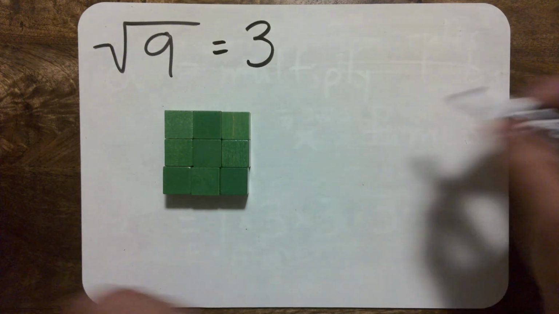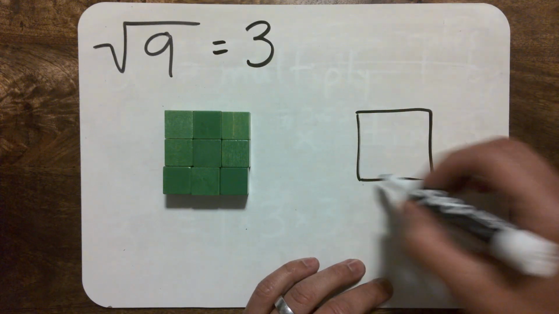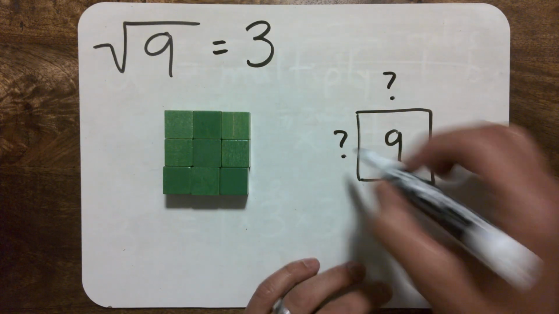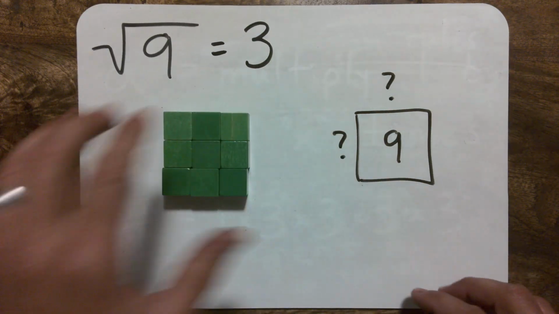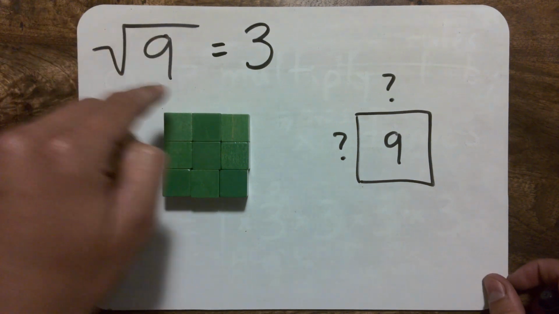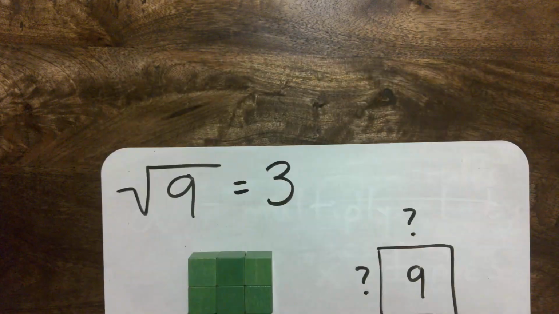And then the representational model, we might not necessarily use a whole lot, but essentially what we're trying to figure out is what the side lengths are. And then the abstract model at this stage is we're really just using the radical symbol. Here we don't have an index number, and then our radicand, and then our solution there. So that's the square root.